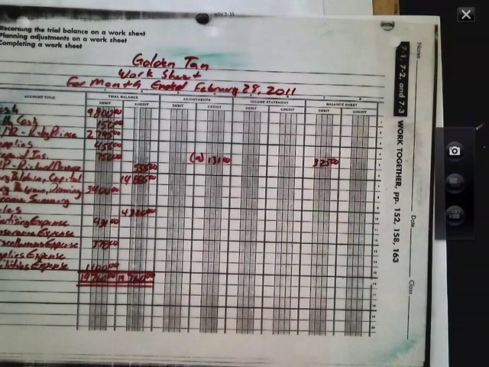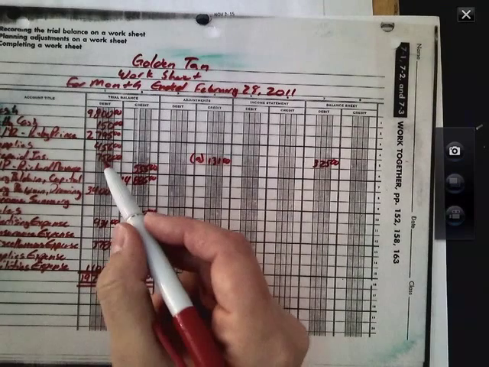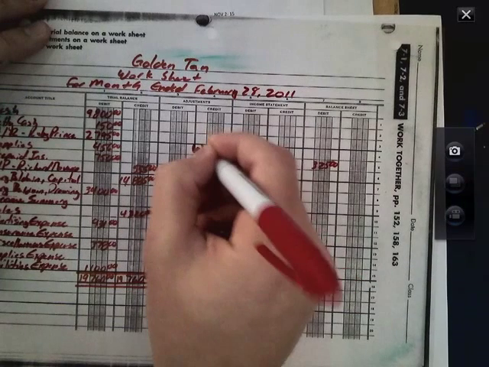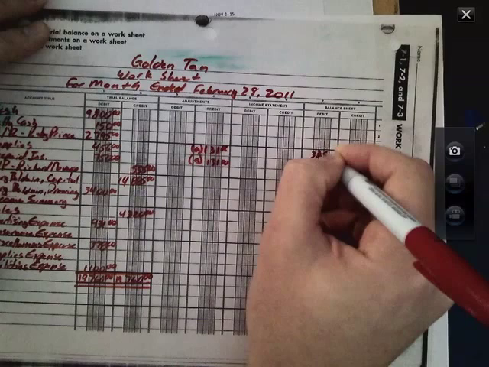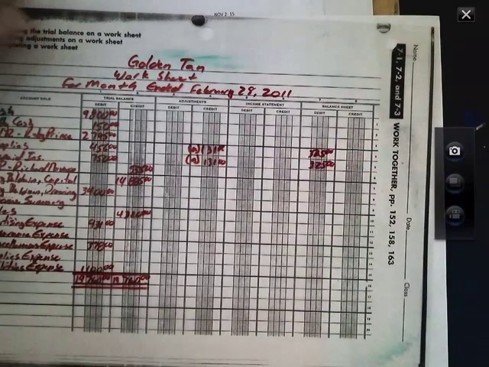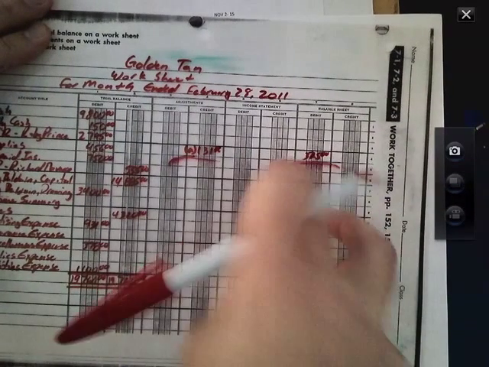Prepaid insurance is now valued at $500. Previously, it was valued at $750. Oops, I put that on the wrong line, didn't I? It should be A, 131, 325. So that's wrong and that's wrong.